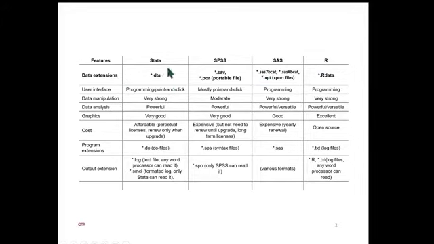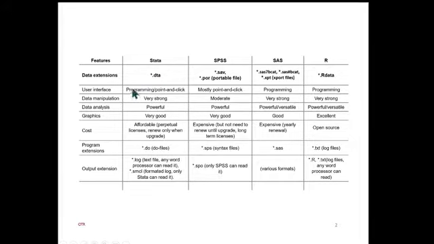If you are using SPSS, it's mostly point and click. It's user friendly, of course, and the file extension is SAV. So if you read data in SPSS and save it in SPSS version, you are saving it as SAV. Stata's file ending is DTA.